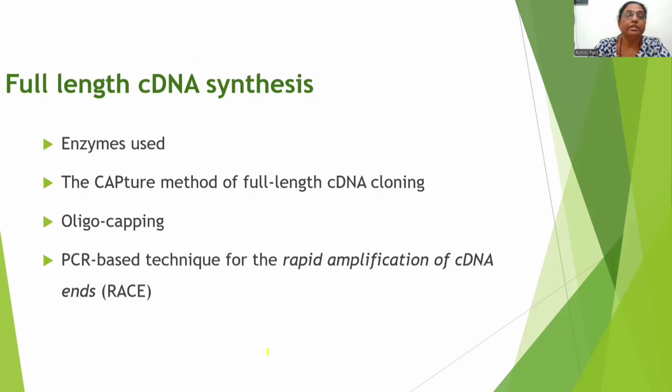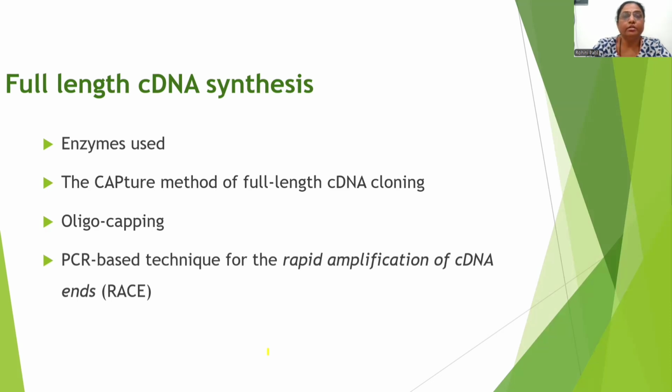Now, the next method is full-length cDNA synthesis. When you are allowing the synthesis of the cDNA, it may happen that there is an incomplete synthesis of the cDNA. It may be due to the enzyme which is going to be used during the reaction.